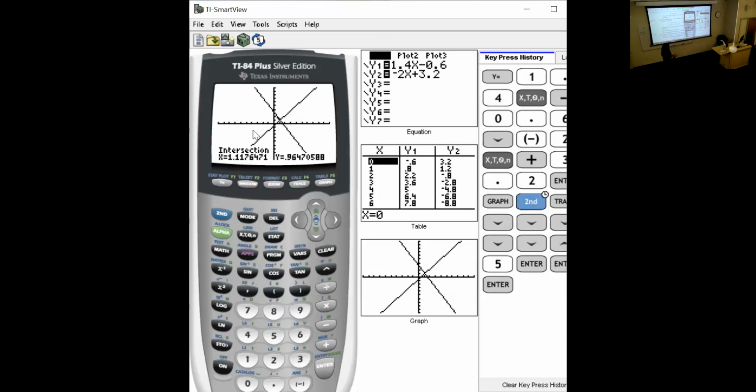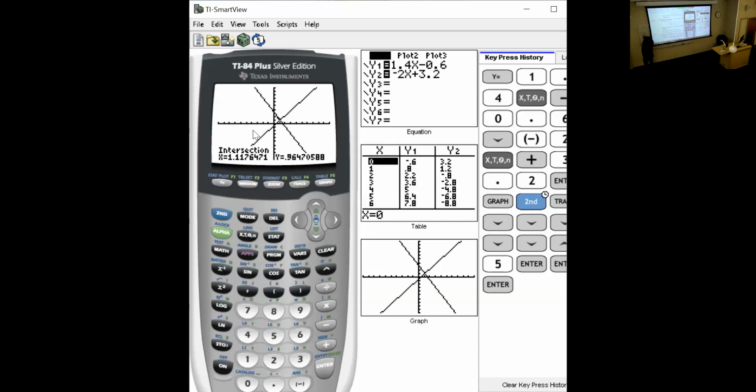So what quantity of sugar will result in that equilibrium point? 1.118, rounded value. I have it for 3 decimal places.